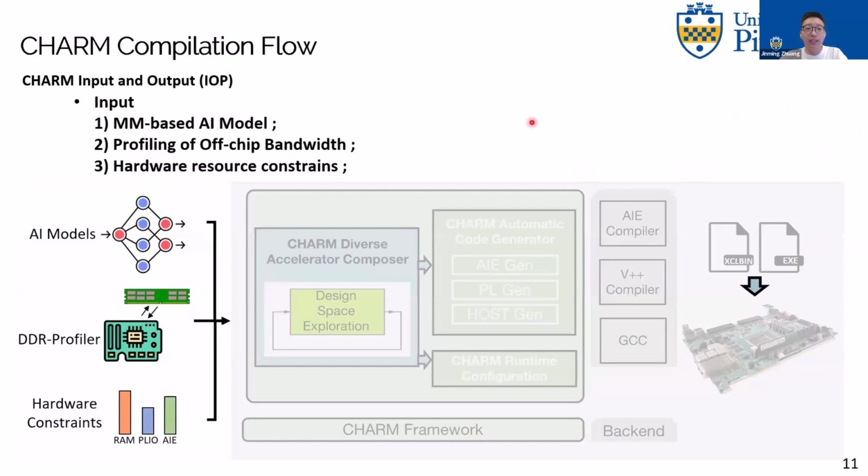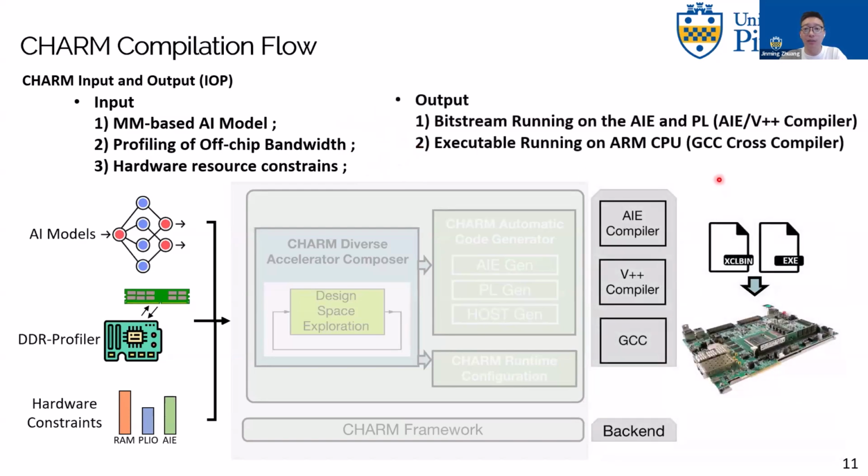CHARM takes the matrix multiply based AI models, for example BERT, MLP, ViT, the one-time DDR bandwidth profiling results, and the hardware constraints, including the number of PLIOs, number of BRAM, URAM, and AIEs, as input.